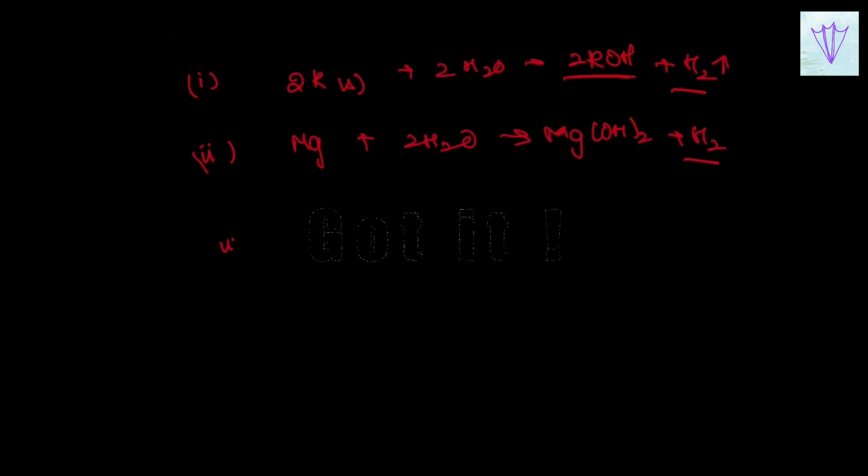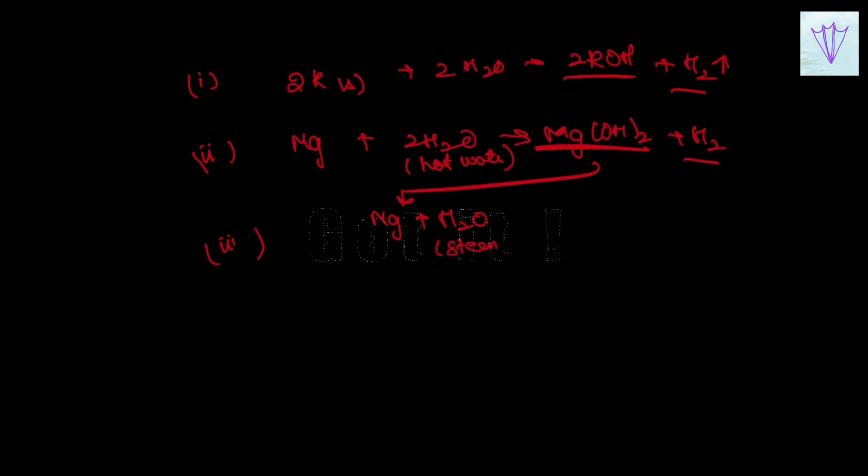Next reaction: this reaction will further continue, that is Mg plus H2O. If we give hot water, then we will see the formation of hydroxide. But if we give steam, then we'll see the formation of oxide plus H2.